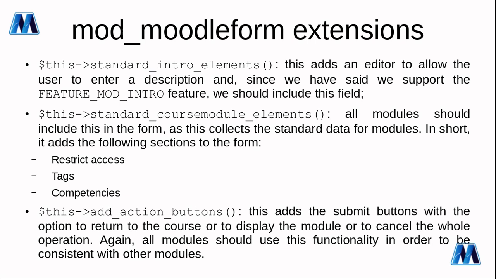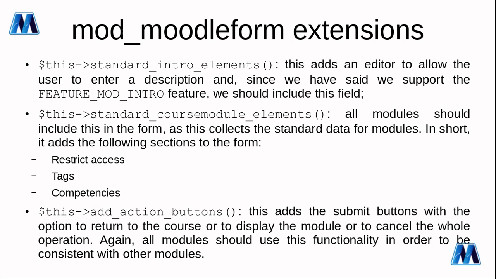And then we've got the standard course module elements. Those are all the elements that are required for the course modules. So this will add those common fields that we have in our form. And in short, it adds the following: restrict access, tags, and competencies.